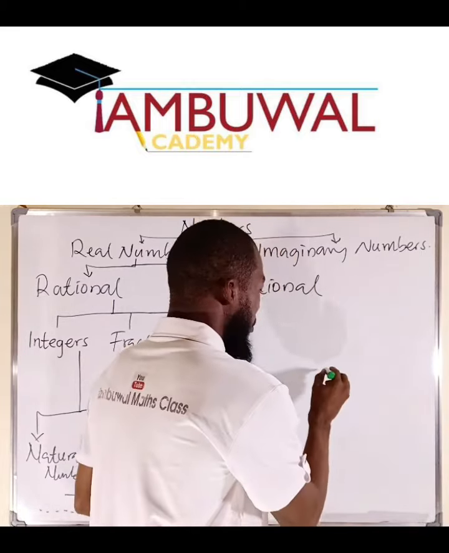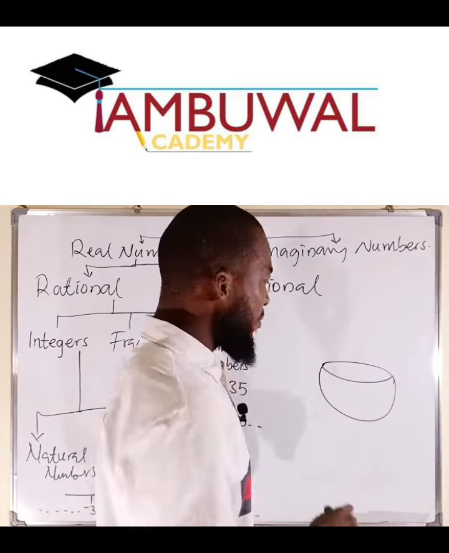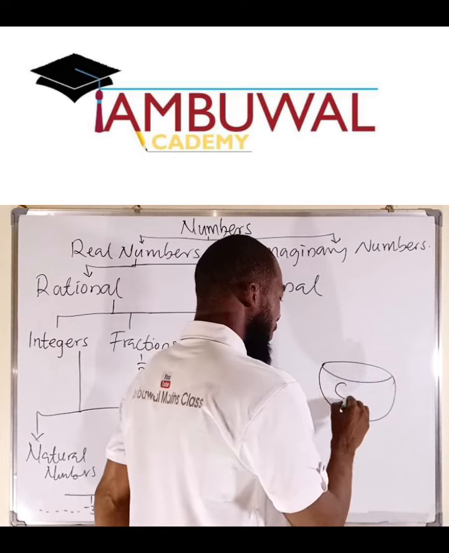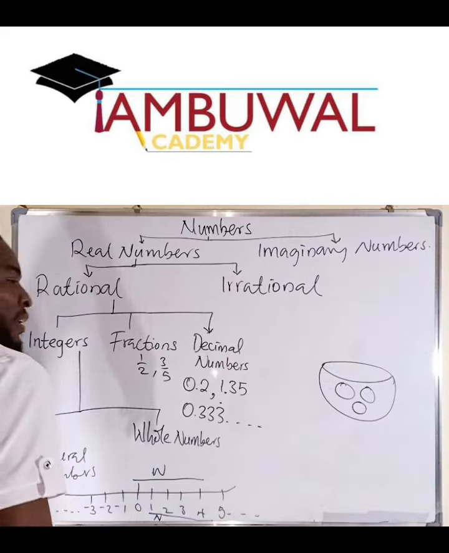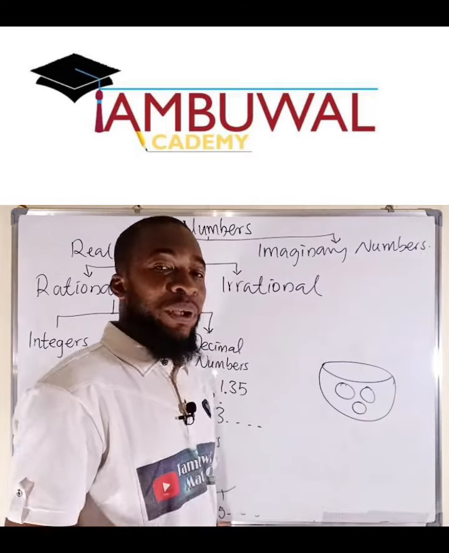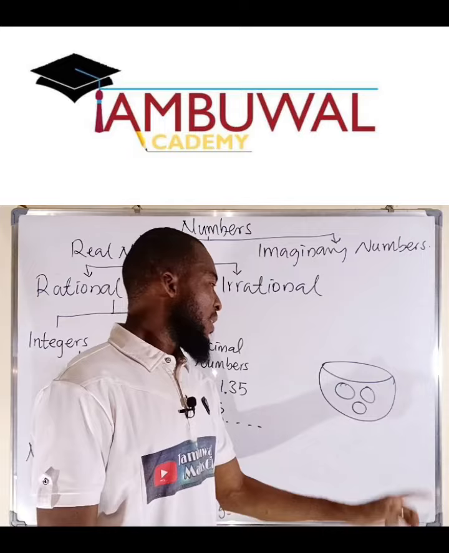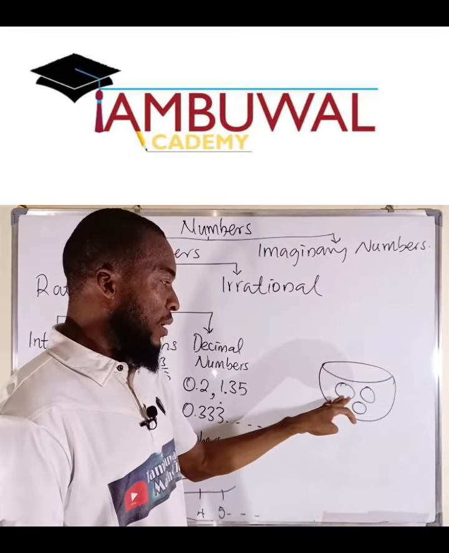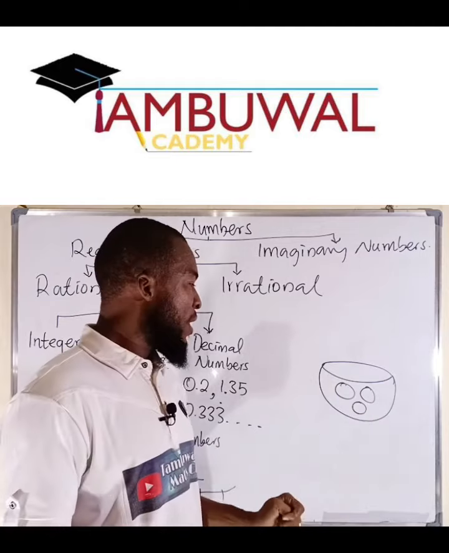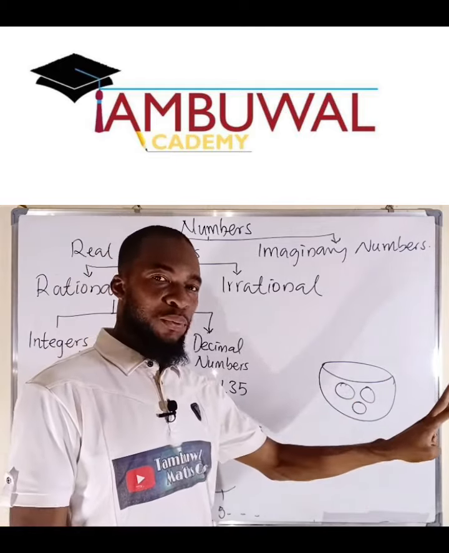if I have a basket, this basket contains 3 oranges. 3 oranges are complete, right? You cannot say this is half a person. For example, if these are 3 people in a room, you are going to classify them as what? 3 people.